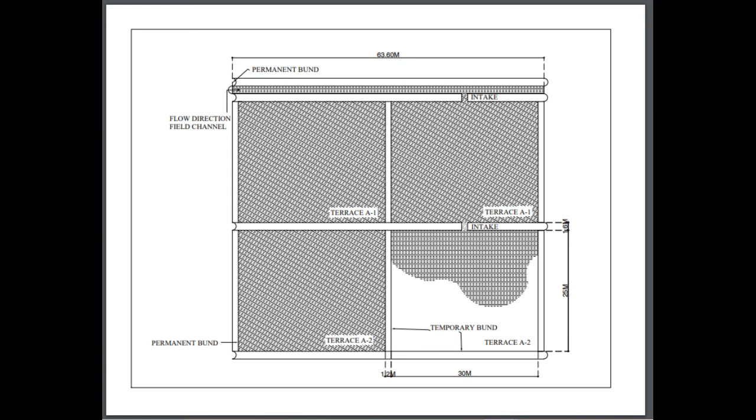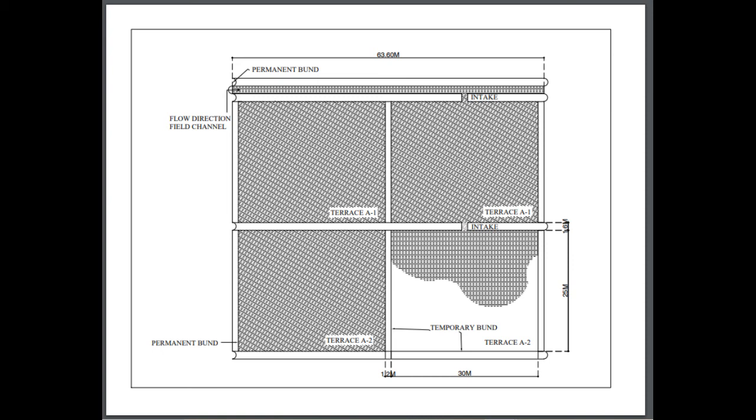The freeboard is the height above the irrigation depth to be sure that water will not overtop the band. The width of bands should be such that leakage will not occur and that they are stable.